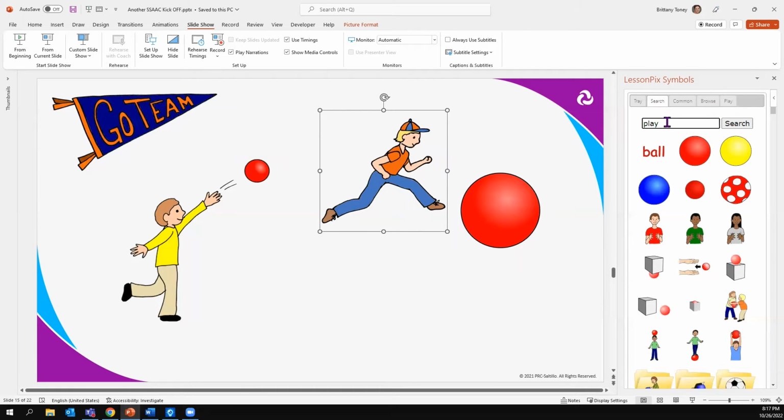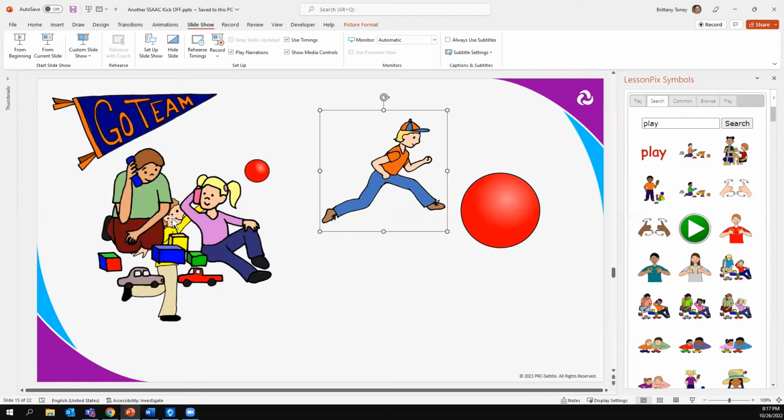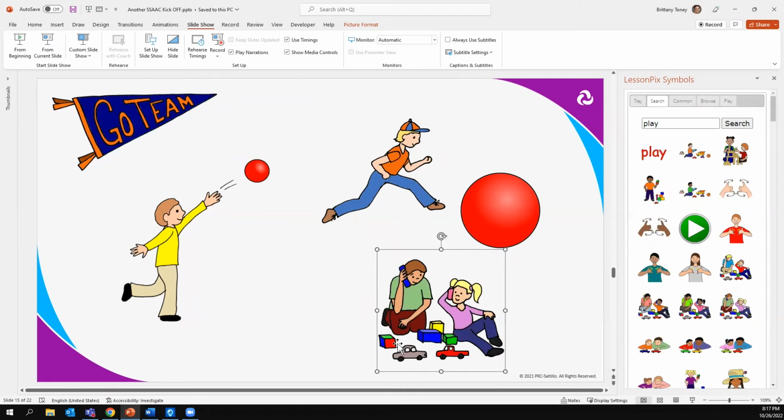We could put in the word play, and these people are playing with the cars. They are playing. Maybe you want to do soccer or something.